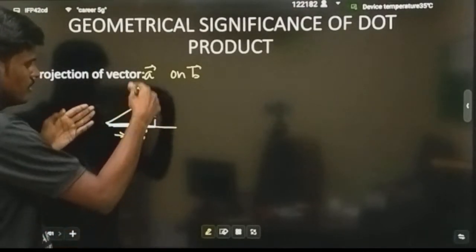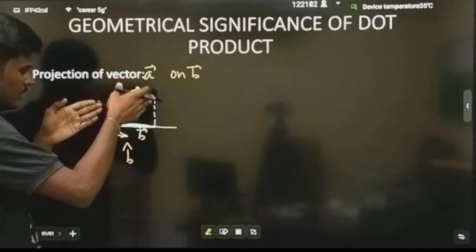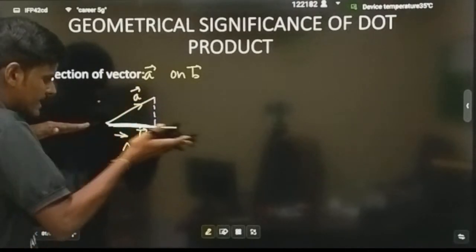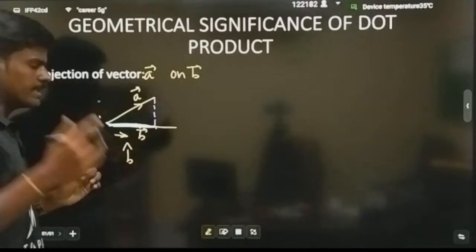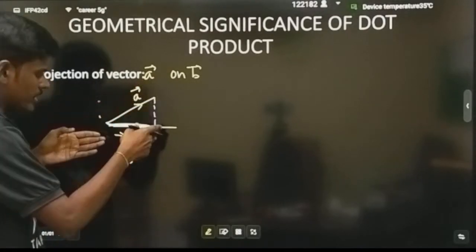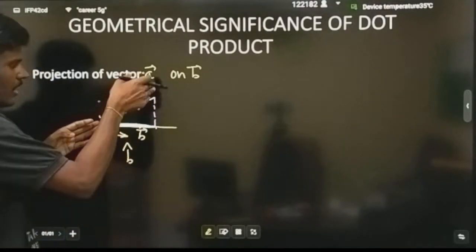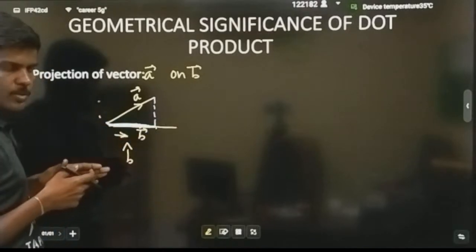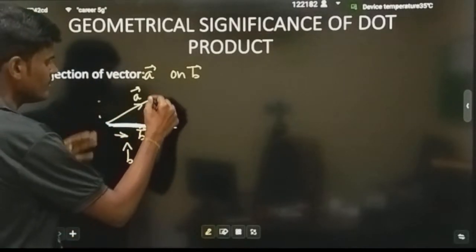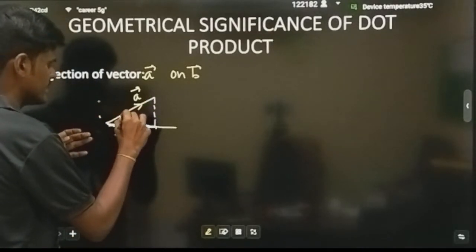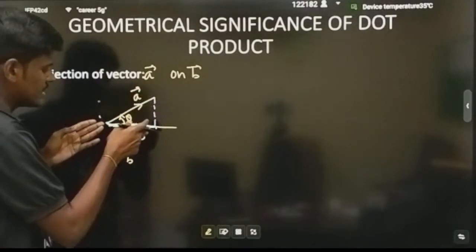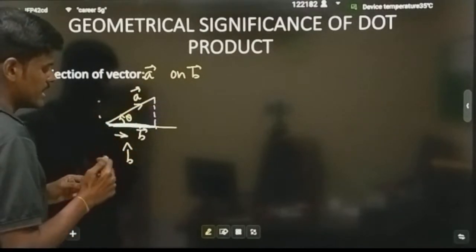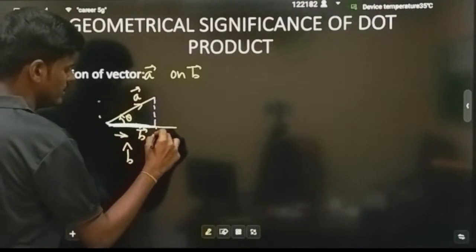Next, we have to multiply this length with this direction to get this blue shaded region. We are going to project this A vector onto this portion. If the angle between these two is theta, then the total length of the shaded region is mod A.